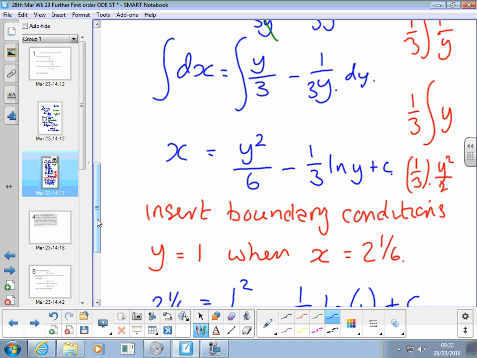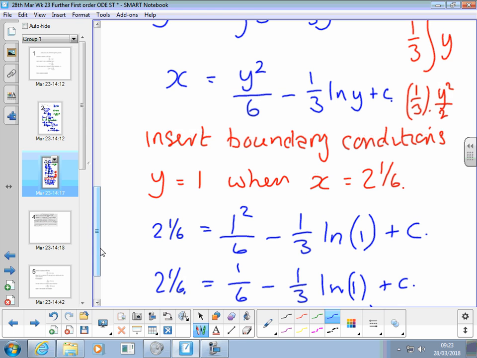I'm now putting the boundary conditions in, so that when x is 2 to the 6th, y is equal to 1. That's why there's a 1 squared there, and why there's a 1 inside the ln. What do we find c as being equal to? 2.